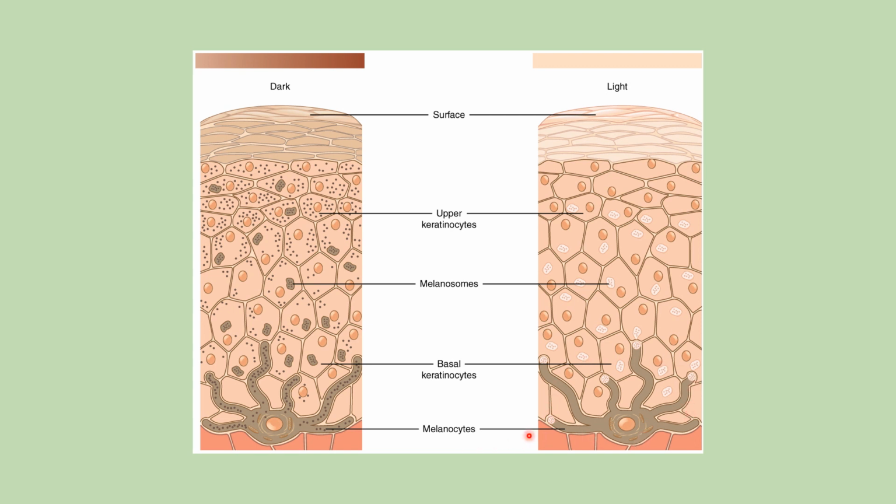My melanocytes don't work real well, if you want to think of it that way. They're not producing very much pigment. Someone who's darker skinned, the melanocytes are producing a lot of the melanin. And see how that pigment becomes incorporated. It's taken up into those keratinocytes. So as they move towards the surface, by the time you get up here, you have a lot of melanin in the cells, which gives the darker coloration to the skin.